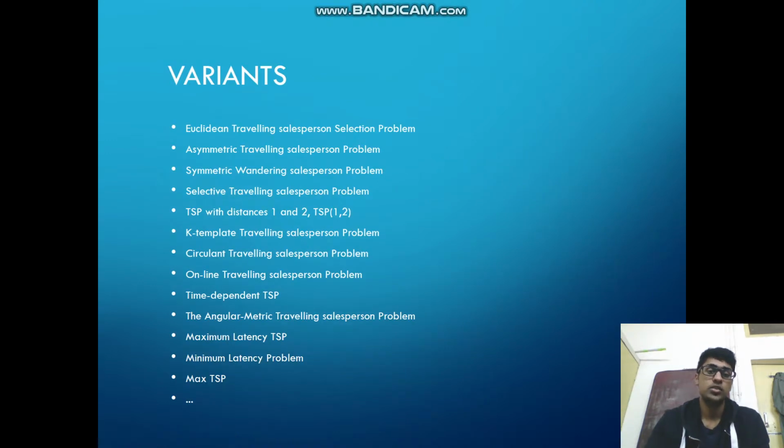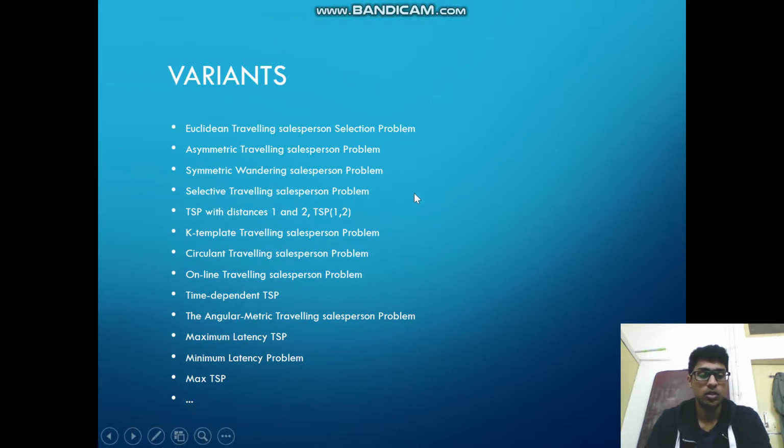And there are many variants to this problem also. Let's say Euclidean traveling salesperson problem, asymmetric traveling salesperson problem, symmetric, like we said in the start of this video that we are considering the symmetric TSP, which means that the distance from city 1 to city 2 is equal to the distance from city 2 to city 1. In the asymmetric TSP, this is not the case.